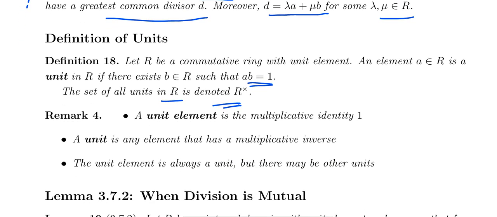Unit means not the unit element: R is a commutative ring with unit element, and unit means for an element of R there exists some other element such that the product should be equal to 1. The unit element is the multiplicative identity 1. A unit is any element that has a multiplicative inverse. The unit element is always a unit, but there may be other units.